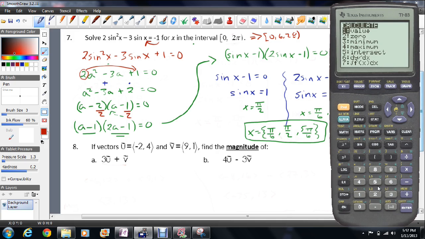I'm not sure why it's doing that. I don't know why it keeps jumping like that, so I'm going to try to zoom box around that area and see if I can get that point, because that is our third answer.